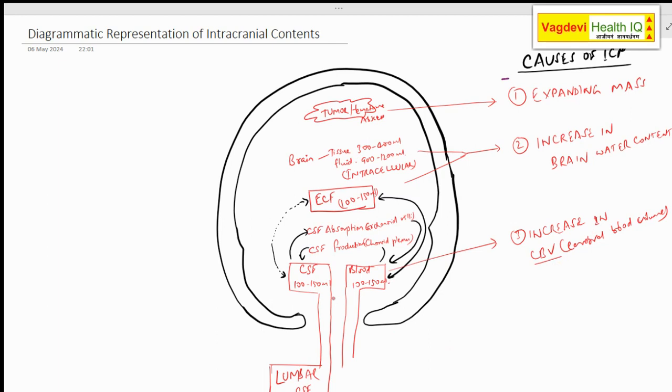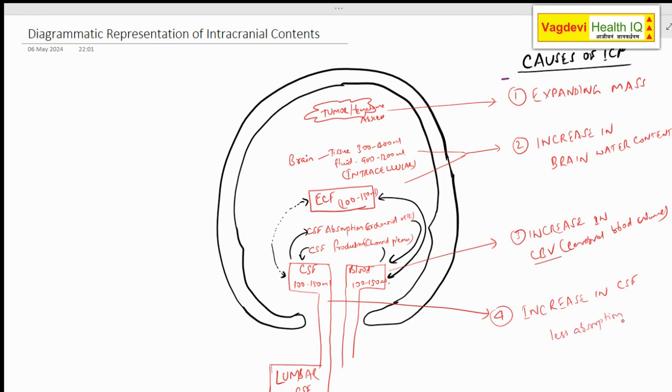Now, apart from all these reasons, one more reason I'm taking into account is an increase in CSF, more volume. It could be that it is not getting absorbed properly, so less absorption.